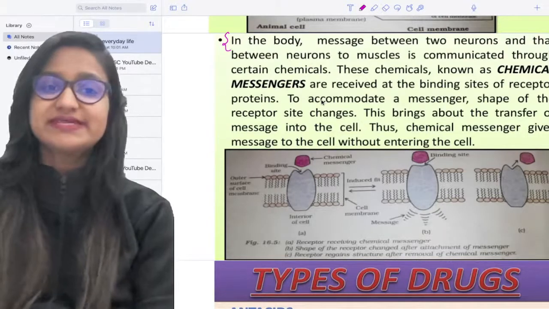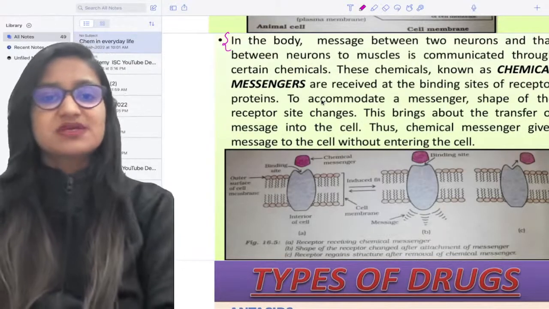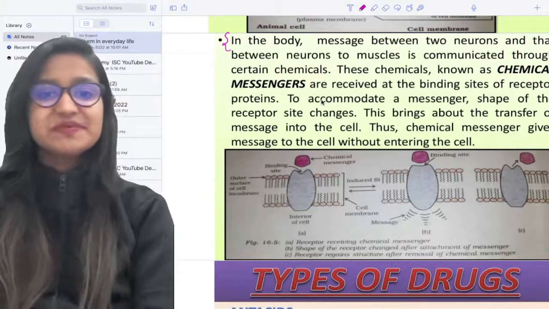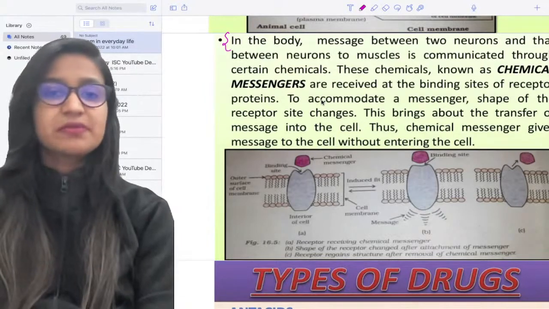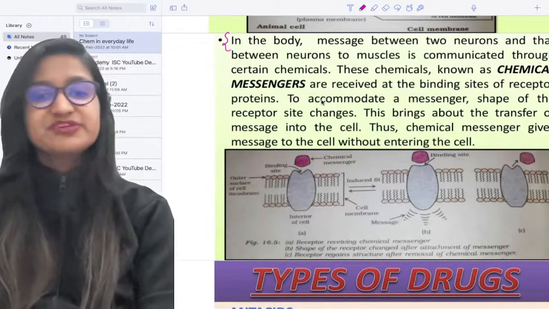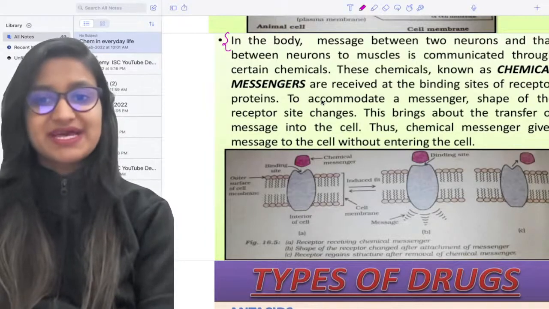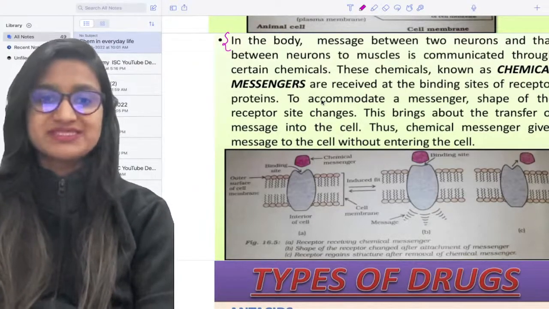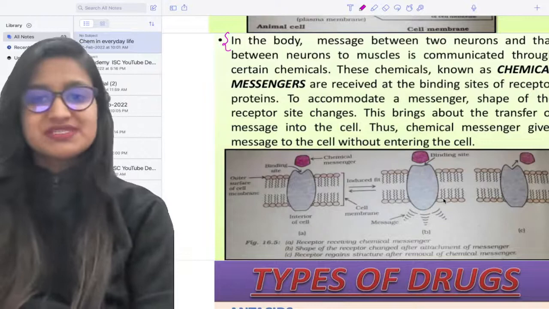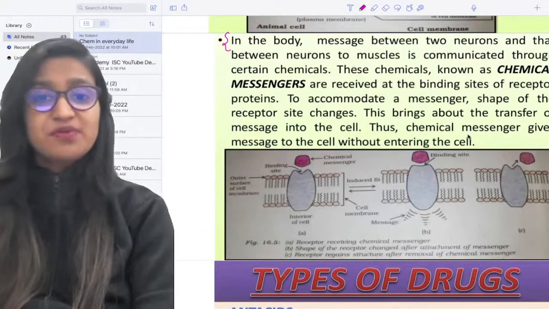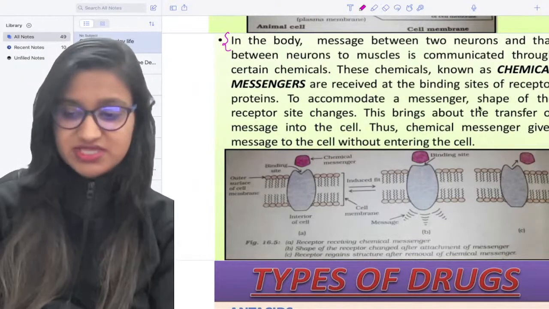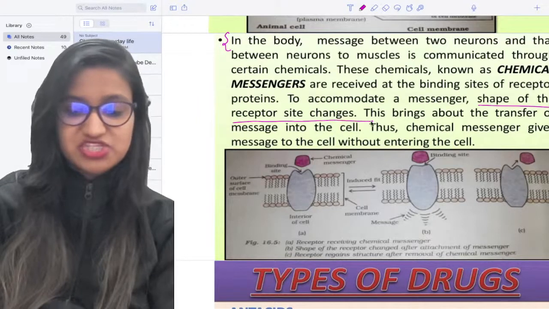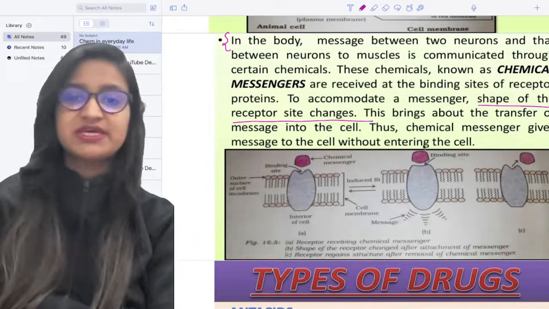So you can see here, these chemicals are known as chemical messengers, which are received at the binding sites of the receptor proteins. To accommodate a messenger, the shape of the receptor site changes.